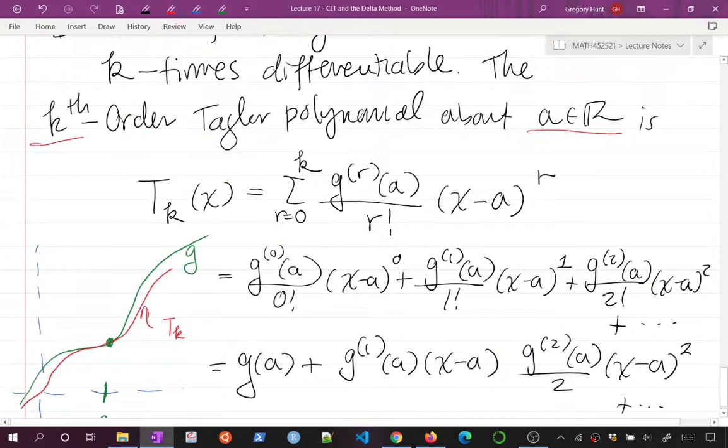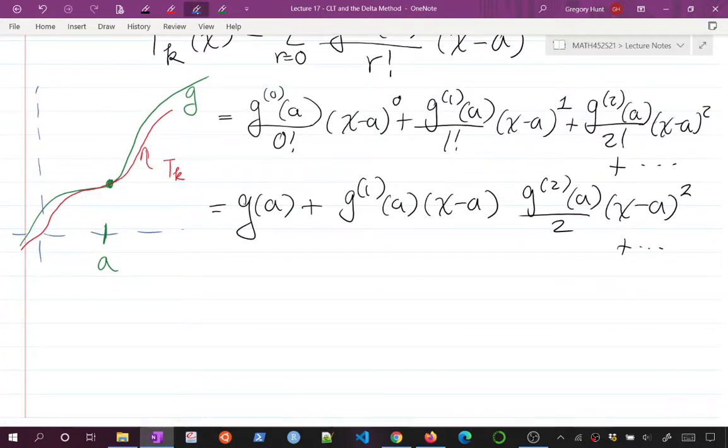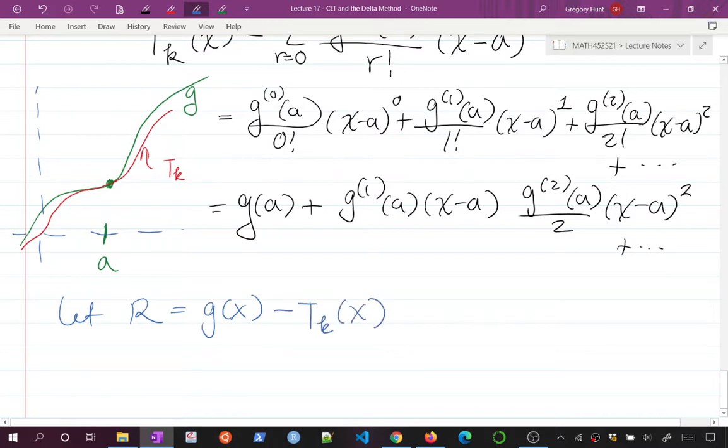And Taylor's theorem specifically tells us kind of exactly how well the approximation works. If we let r be our remainder, which is basically g minus T, then Taylor's theorem says that this remainder goes to 0 as x goes to a.